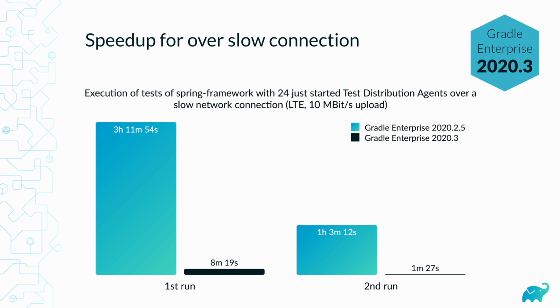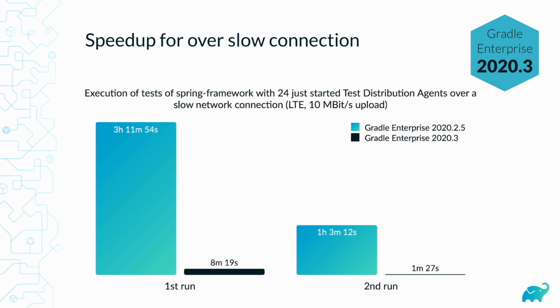Basically, it was ridiculously slow before, 3 hours, 11 minutes, right? And it went down to 8 minutes in the first run. And the second run also had to upload some files because I think some Spring artifacts contain timestamps, so they had to be uploaded again, but it was only 1 minute and 27 seconds then. So that was a huge improvement in the next release.